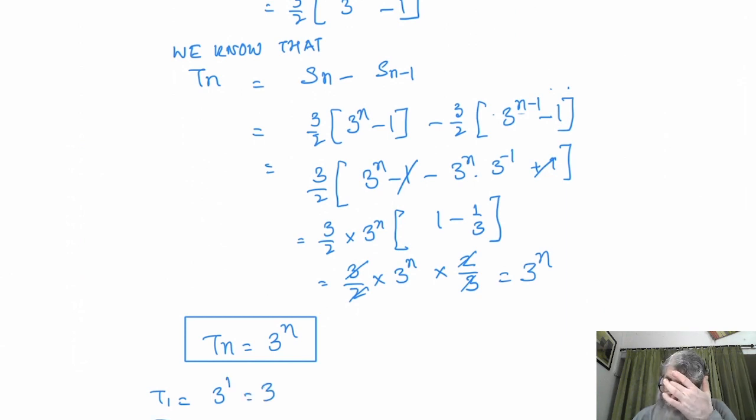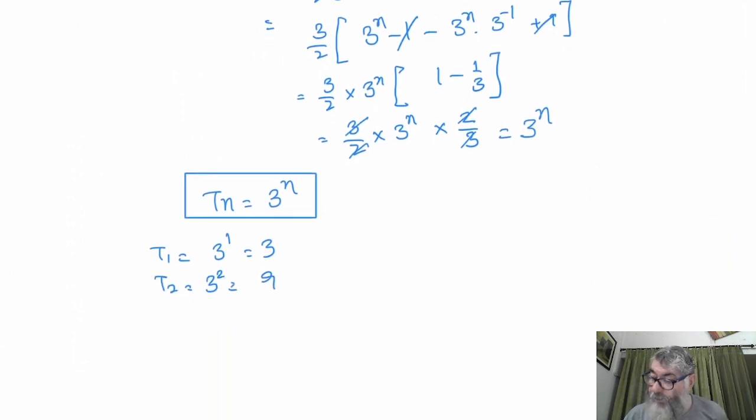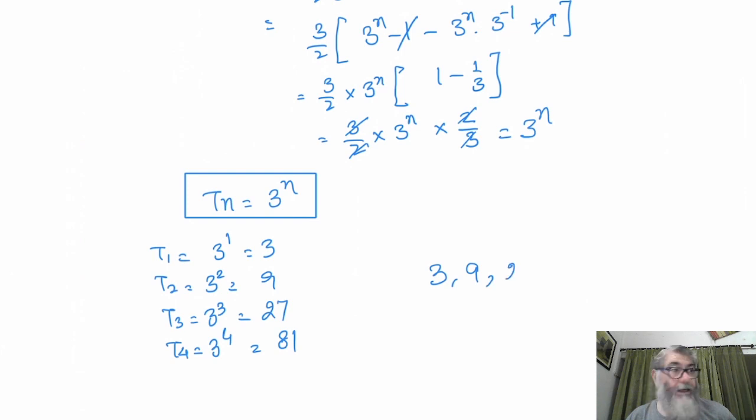T2 will be 3 to the power 2, that is 9. T3 will be 3 to the power 3, that will be 27. And T4 will be 3 to the power 4, which is 81.